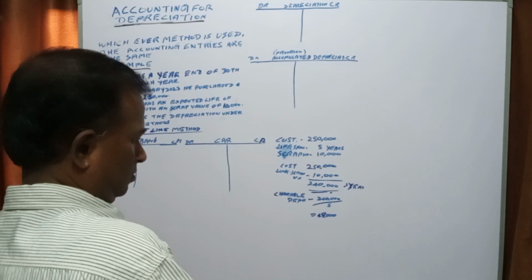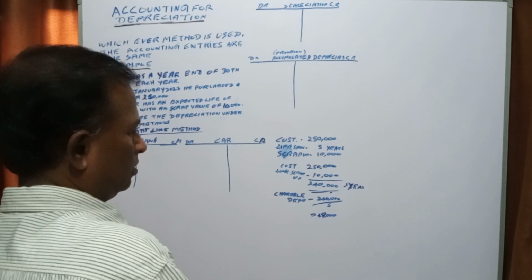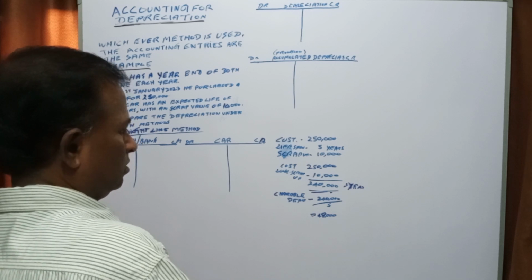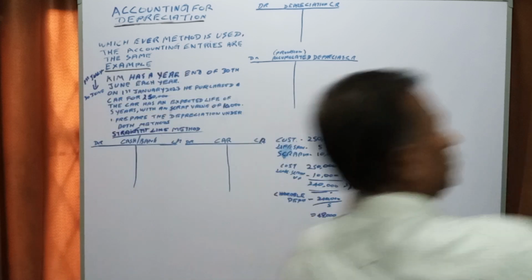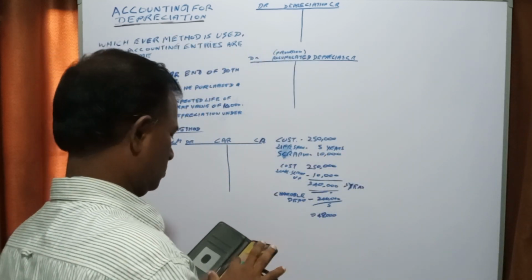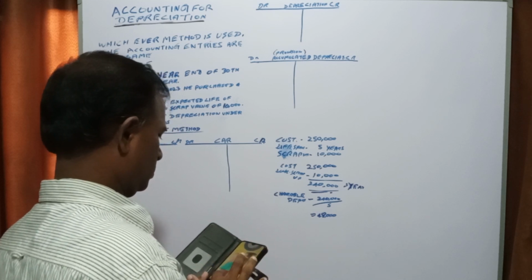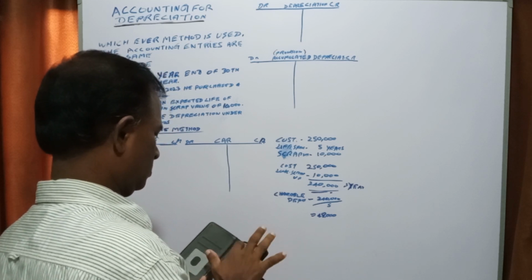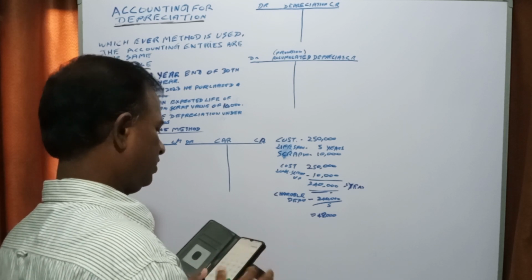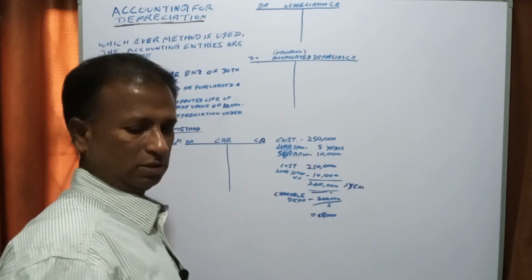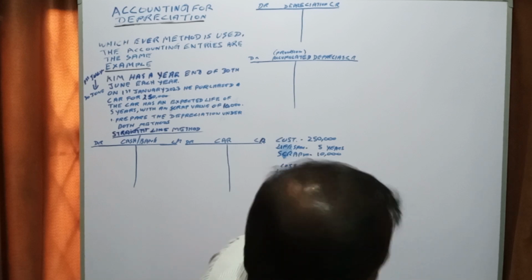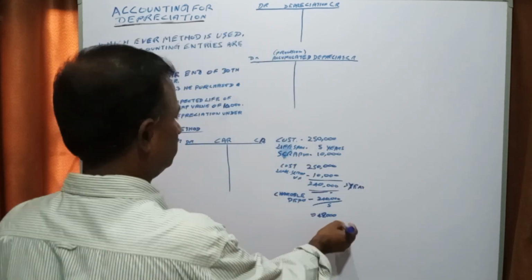240 divided by 5 is 48,000. Not per month, it is 48,000 per year.